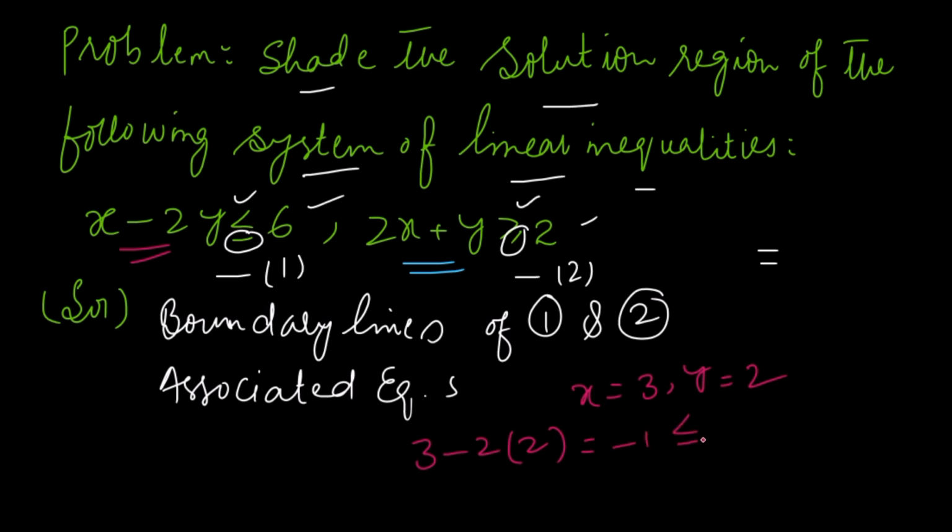Minus 1 is always less than 6. This is true. If you put this point in the second inequality, 2 into 3 plus 2, this is 6 plus 2, 8. 8 is greater than 2. This is also true.